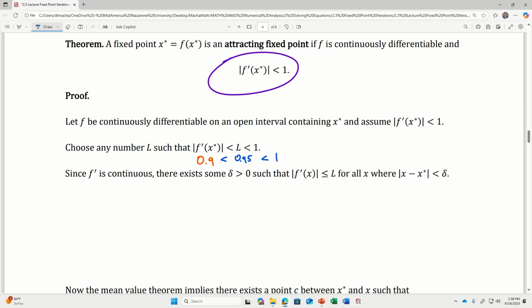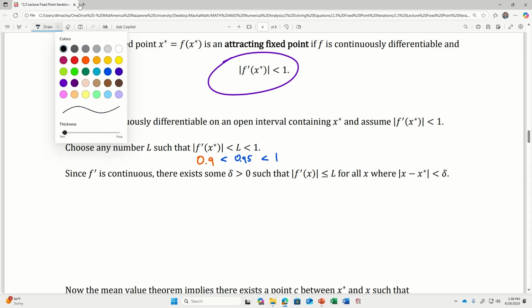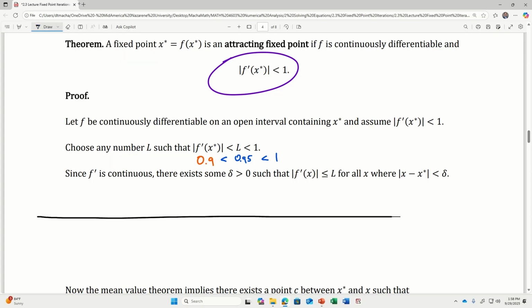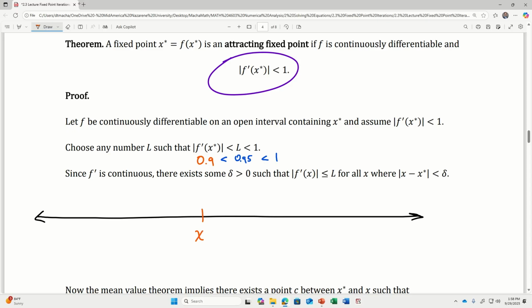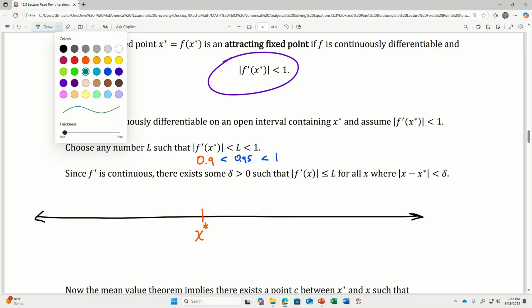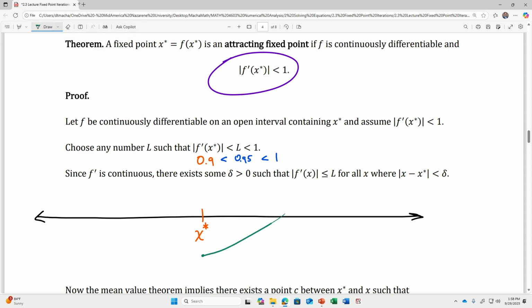So let me draw this picture again of my real number line. And then we've got some fixed point that we want to say is an attracting fixed point. And here is going to be a curve describing my f prime, my derivative.